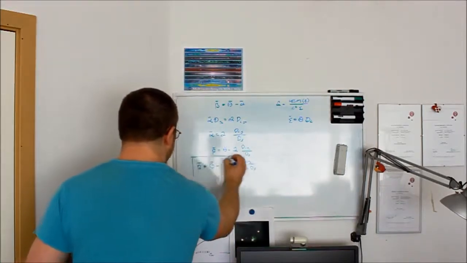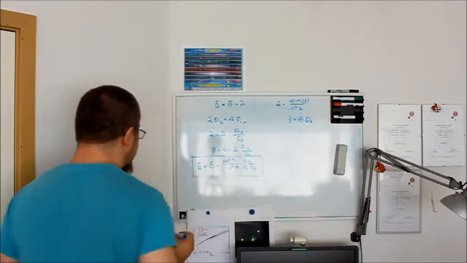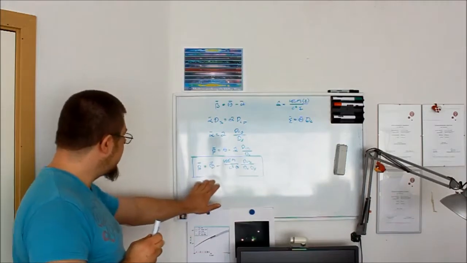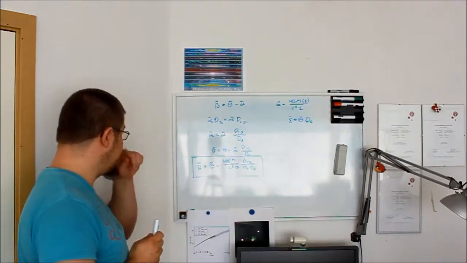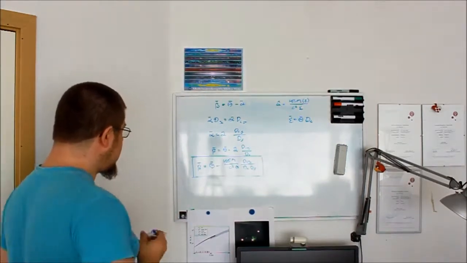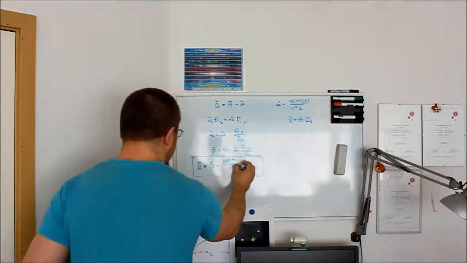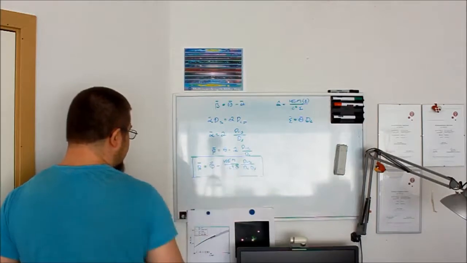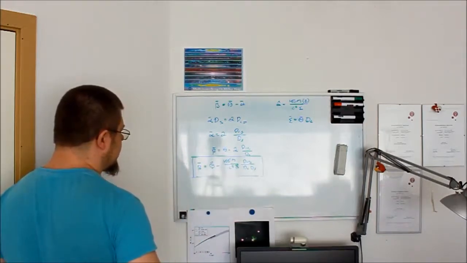This is a very important equation, so I'll put it in a box. I'm going to erase it a little bit, but try to remember this exact equation here. First and foremost, remember that we have a theta here and a theta here, but I'll write it up.